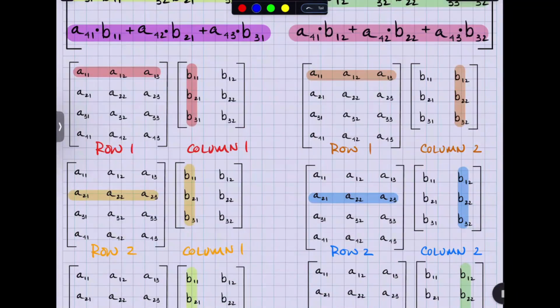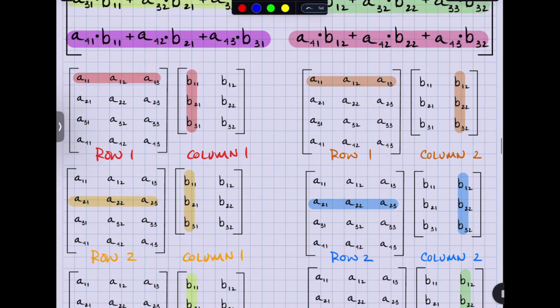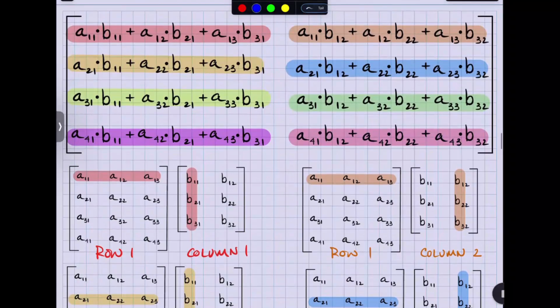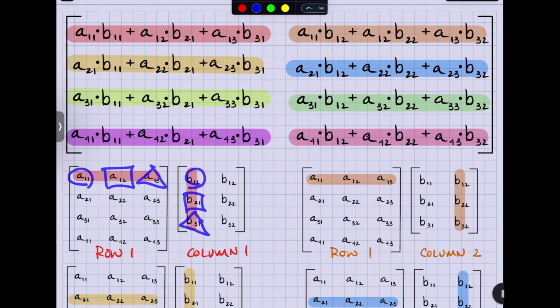I want to take row 1 of the 4 by 3 with column 1 of the 3 by 2, and I'm going to multiply corresponding entries and add them together. So this times this plus this times this plus this times this. That's why I highlighted it the way I did.